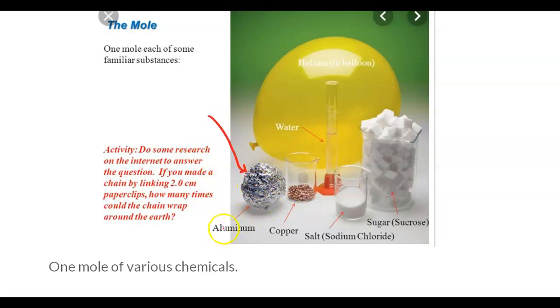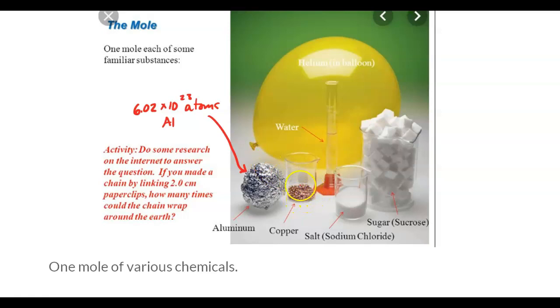And so you notice that the number of aluminum atoms in here is 6.02 times 10 to the 23 atoms of aluminum. And if you look at the actual quantity, that totally seems like something that you can work with in the laboratory or you can handle.